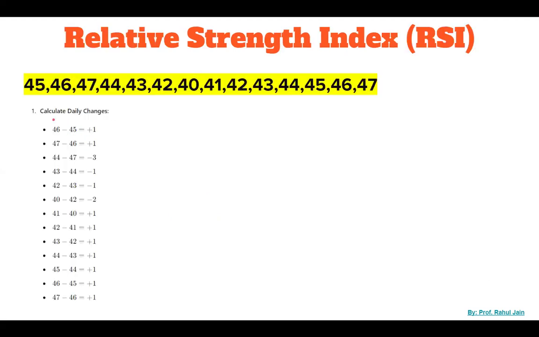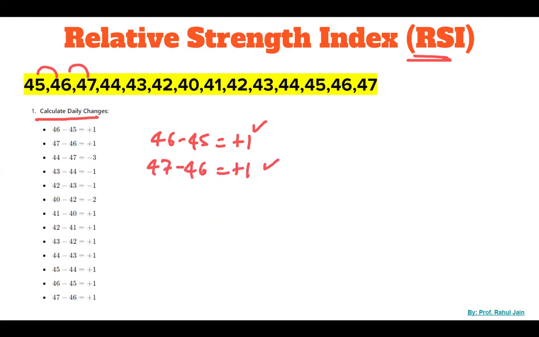So the first step for calculating the relative strength index is to calculate the daily change. For daily change, we use the closing price. So 46 minus 45 is plus 1, which means it is a gain. Thereafter 47 minus 46 is also plus 1, a gain.